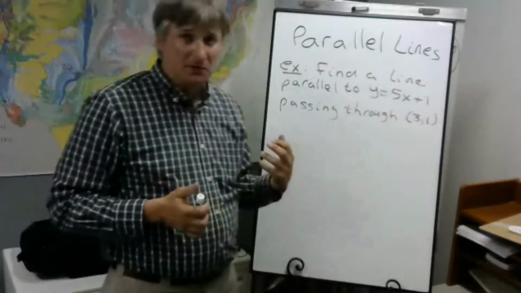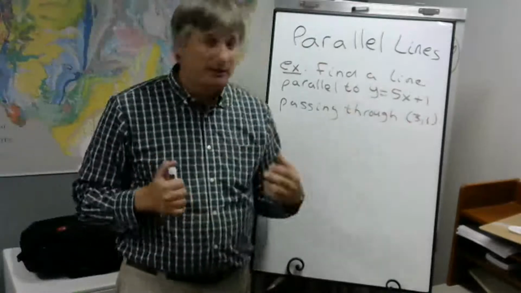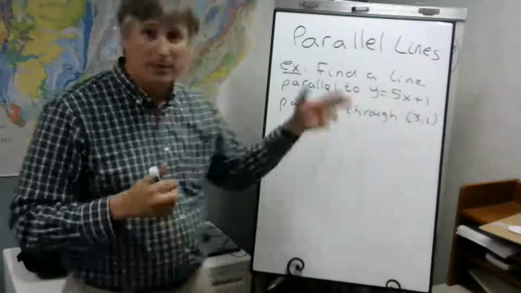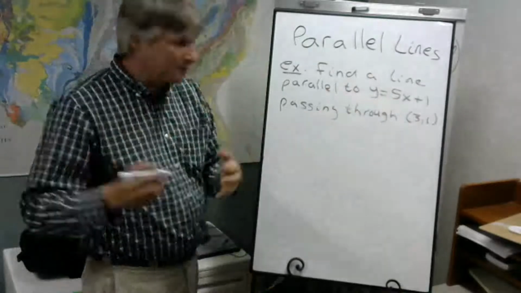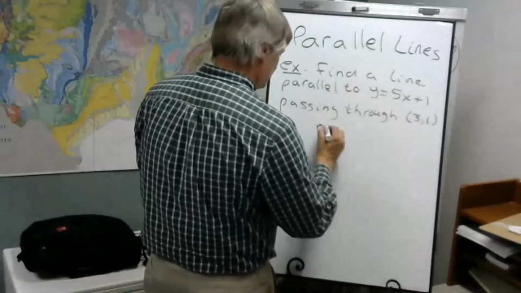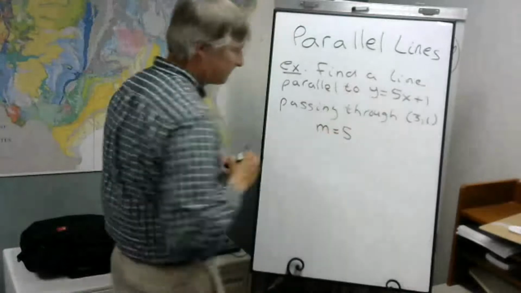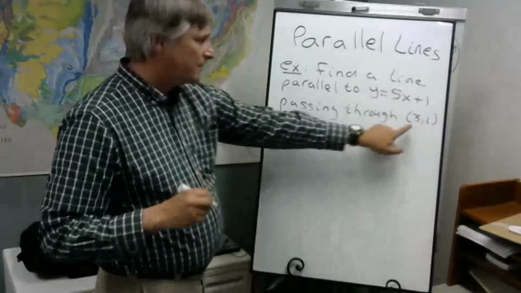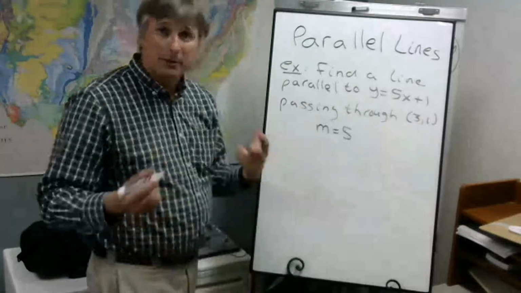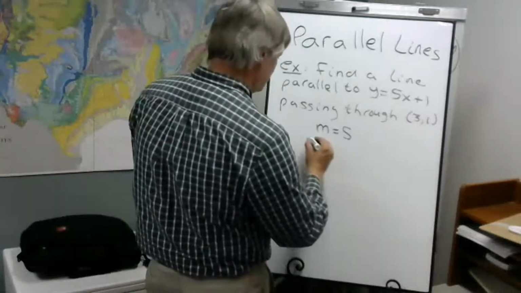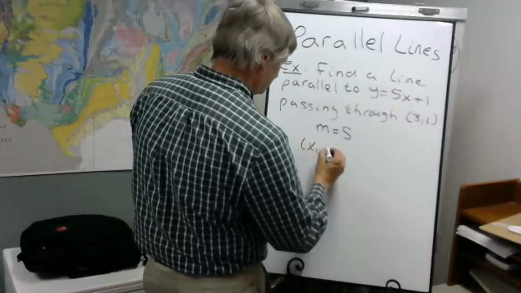Well, what this means is this. A parallel line means it has the same slope. So that means whatever this mysterious line is, it has a slope of 5. And we do have a point. So when we have a slope and a point, we can use our point-slope formula.